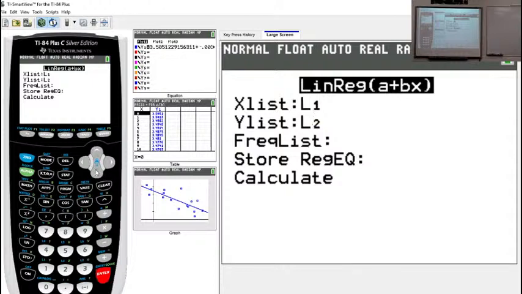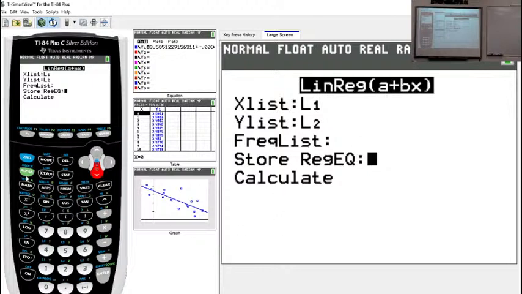Y in list 2. Store regression equation. This is the option that you want. This is the important one. You want to tell it to put it into Y1 so that it automatically puts the line on the graph. There's other ways you can do it, but this is the easiest way.